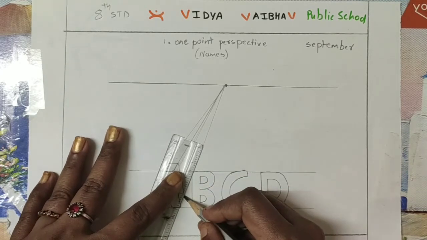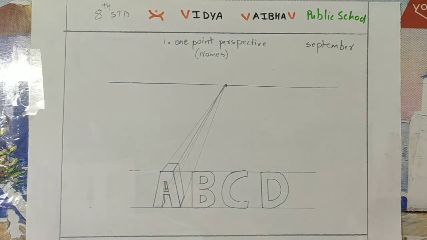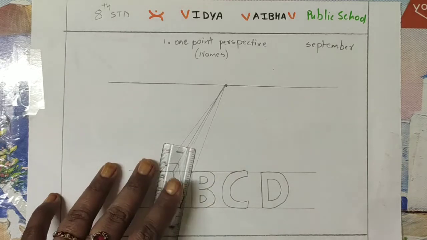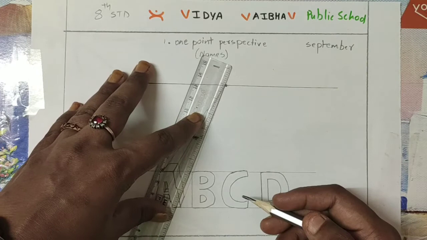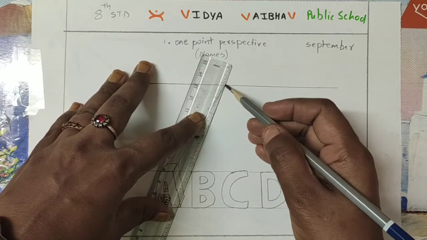And after completing the stroke, I am making it a little dark. The same method will be followed for the rest of the letters also. We'll go for the next letter B.